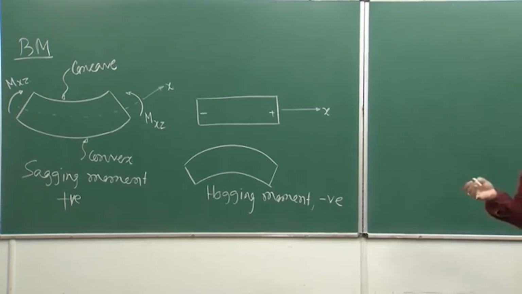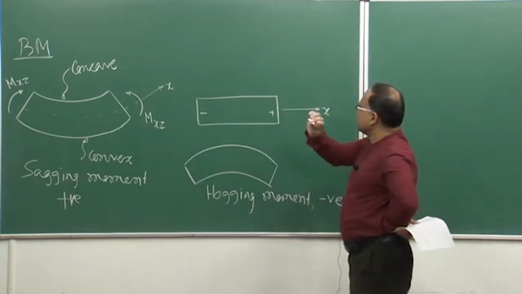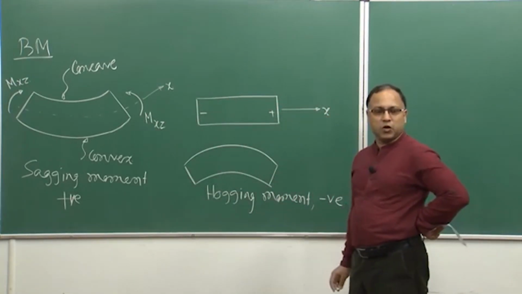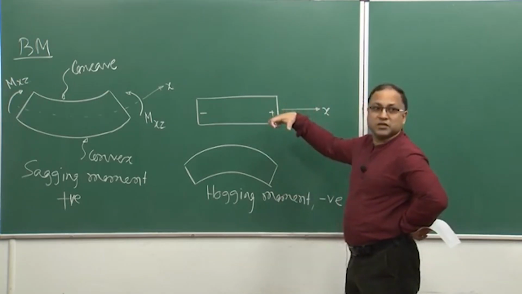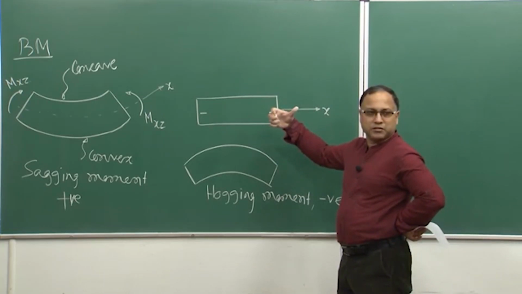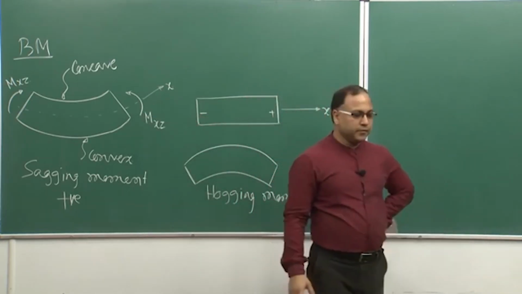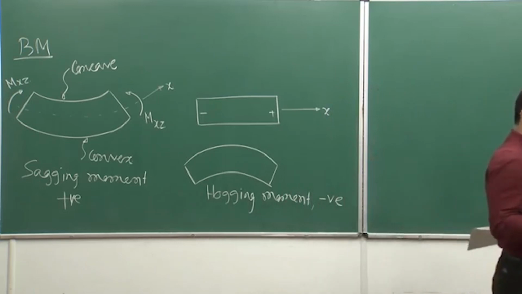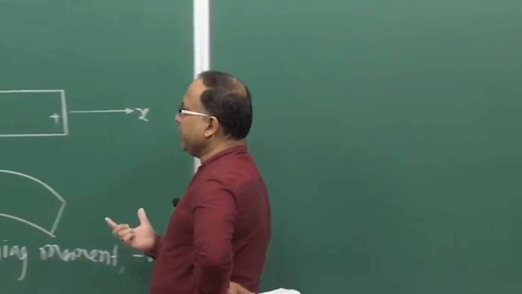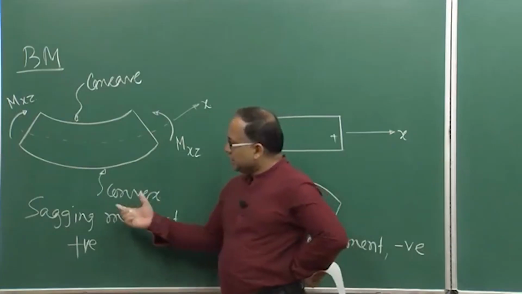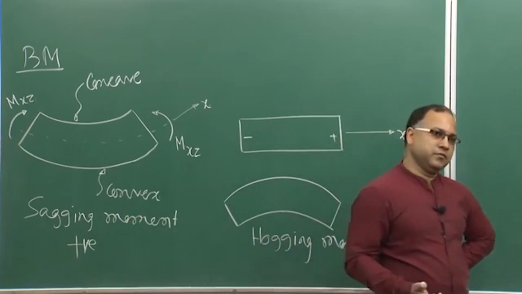The z direction is normal to the board, so as per our right hand thumb rule this moment is always positive. So, this is coming from the same sign convention. However, to remember it well, we introduce some physical interpretation like sagging moment and hogging moment.